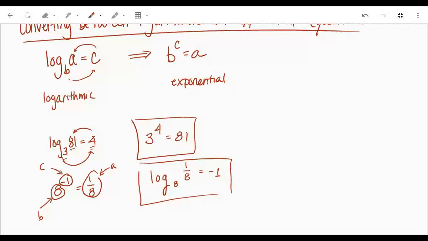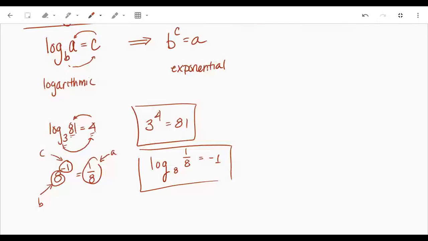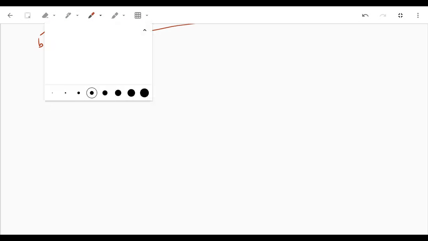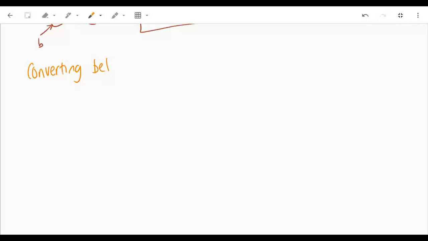Our next one is converting between natural logarithmic and exponential equations. It's very similar, just with natural logs instead of any base. Remember that means your base is e.